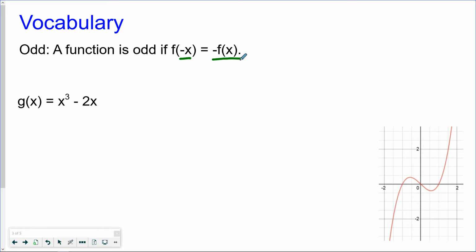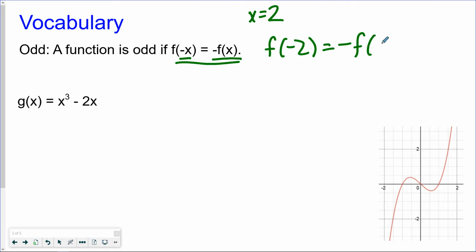So let's go ahead and do our trick, and let's pick a value for x so we can maybe understand this a little better. Let's say x equals 2 this time. So this statement becomes f of negative 2 equals negative f of 2. So what this is telling us is if I plug in the other sign of whatever you want.